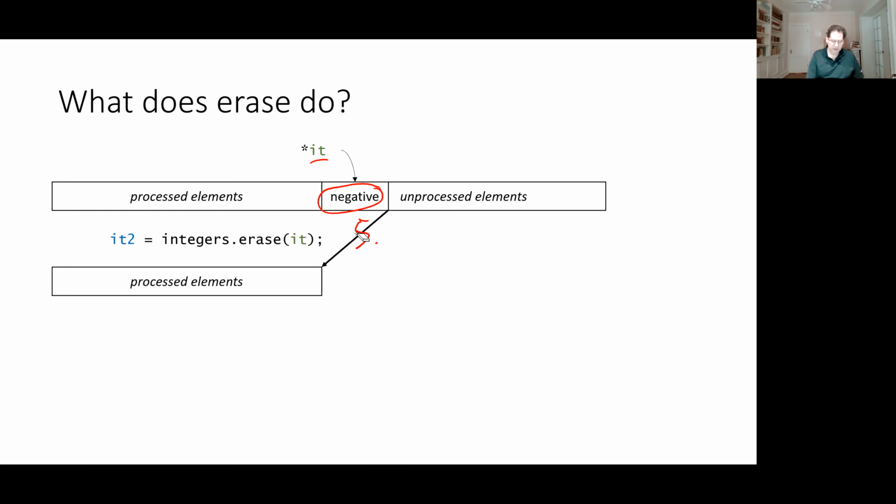So I call erase, and I pass in the iterator. So I say destroy what is there. This is an integer, so destroying it is trivial, but if it was a class, it'll call the destructor of that object. And after that's happened, it shifts everything after this over by 1.